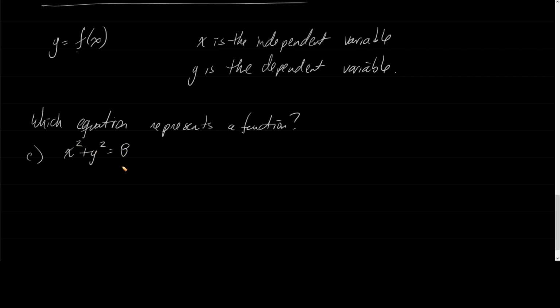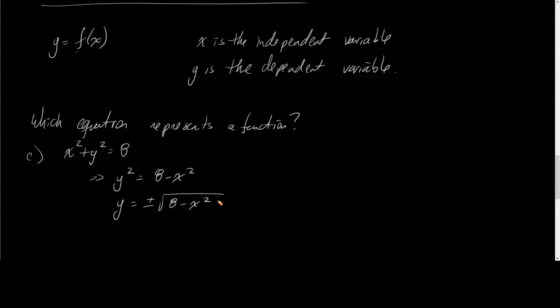All right. If I solve for y here, right, because we want to have y equals f of x, we want to see if this y actually is a function of x. So if I solve for y here, well, what do I get? I end up with y squared is equal to 8 minus x squared. And if I take the square root of both sides, I end up with y is equal to plus or minus the square root of 8 minus x squared.